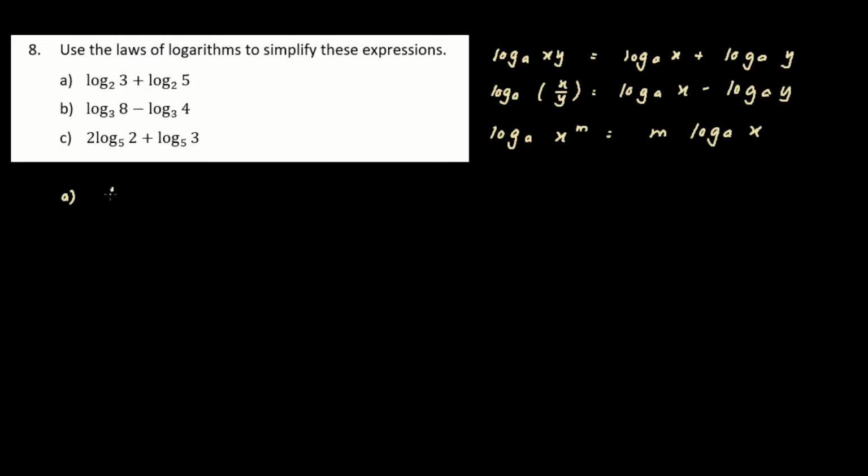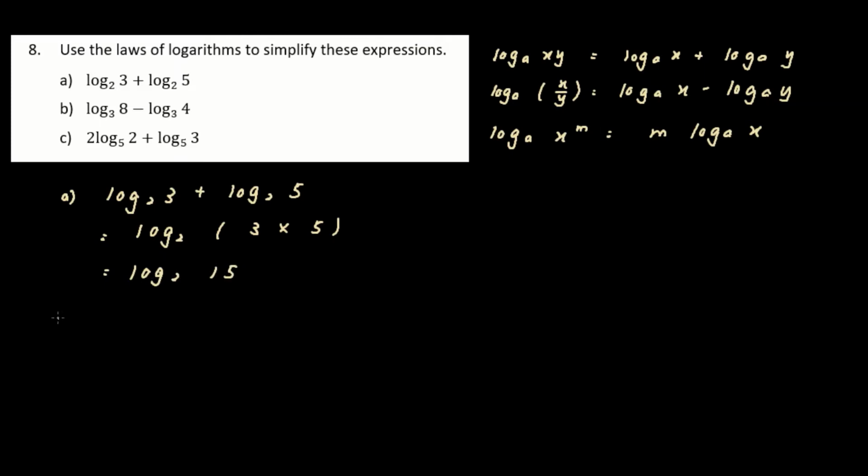Okay, so log a 3 plus log 2 5. They have the same log base and this is plus, so we'll simplify by using the multiplication law. I can combine them by multiplying them together. So 3 times 5, which gives me log 2, 15.